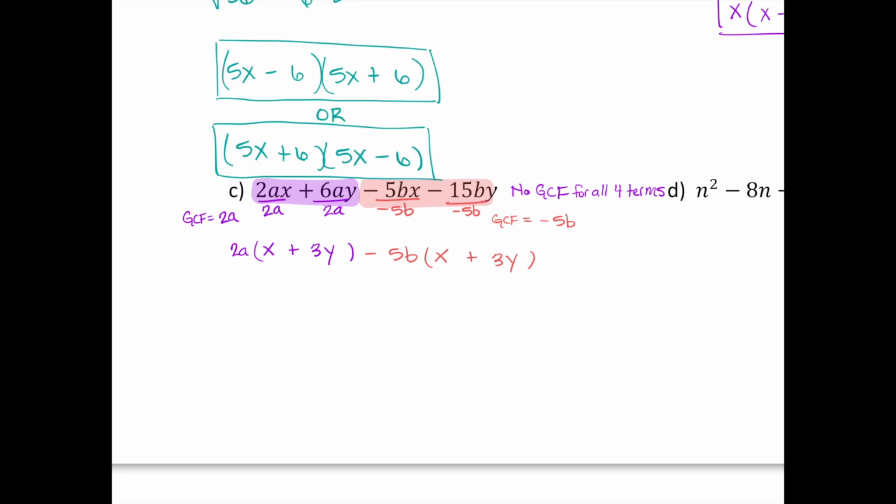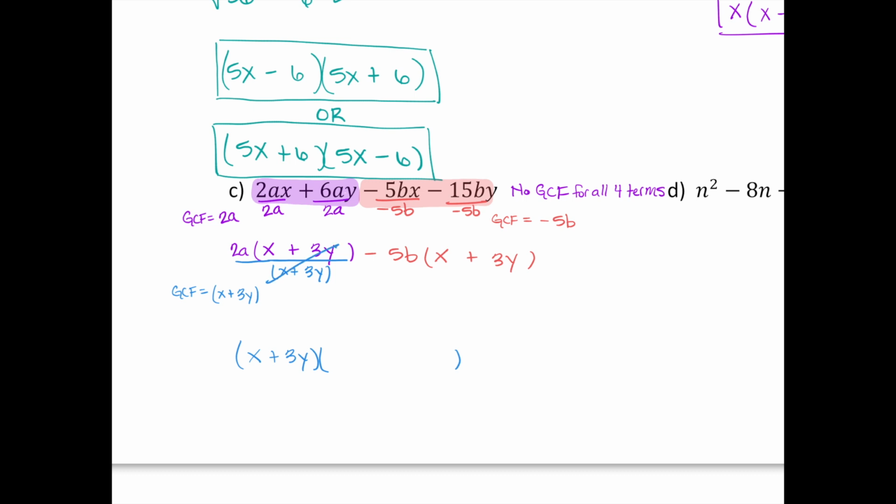So that is our new GCF, right? We're going to factor out that x plus 3y. That's our new GCF. So we write our new GCF in front of parentheses, and then we write what's left after we divide out our GCF of x plus 3y.